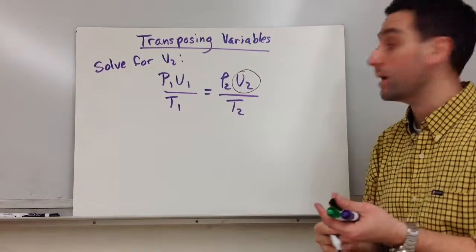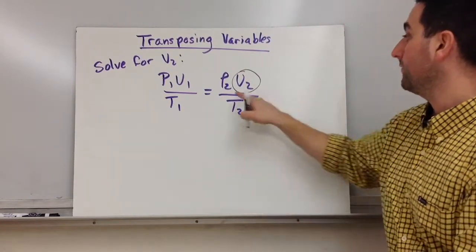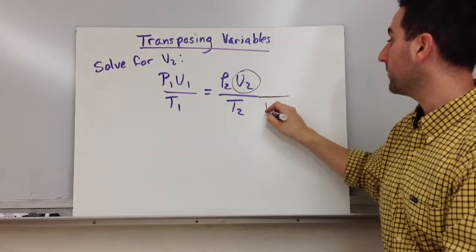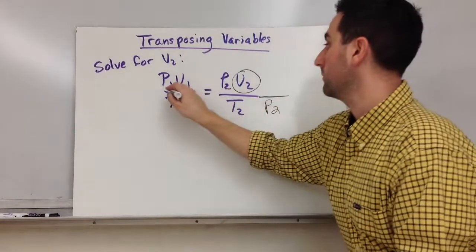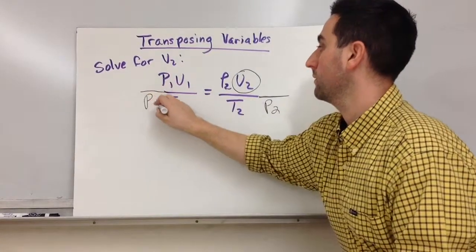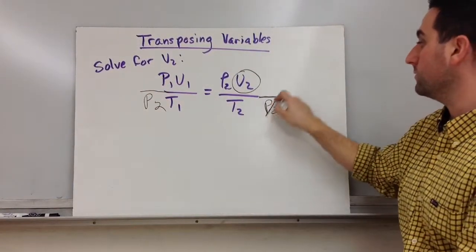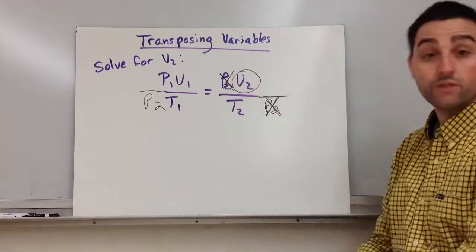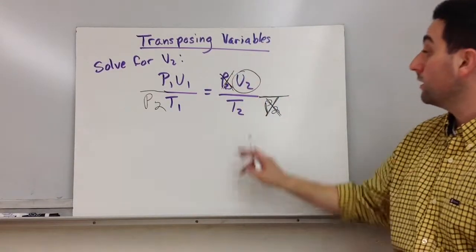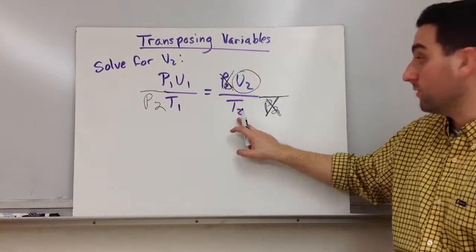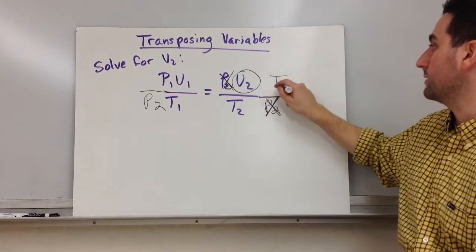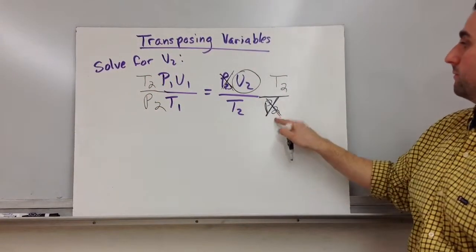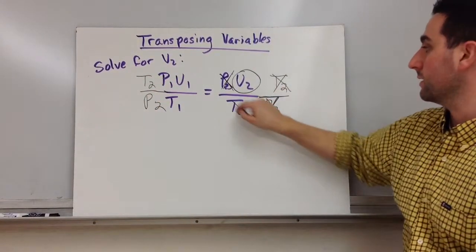So do the opposite operation. If you are multiplying by P2, divide both sides by P2. Your P2s are going to cross out on the right side, so that gets rid of the P2. And you're dividing by T2, so multiply both sides by T2, and our T2s are going to cancel here.